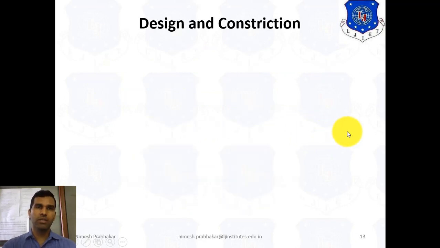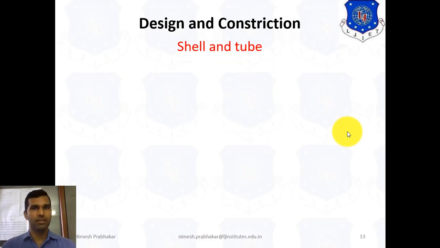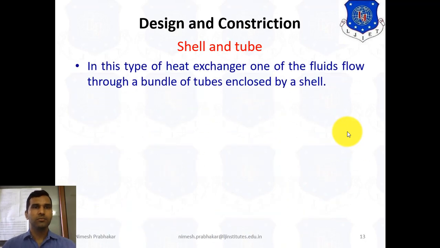Now the next type based on design and construction is the shell and tube heat exchanger. In this type of heat exchanger, one of the fluids flows through a bundle of tubes enclosed by a shell.